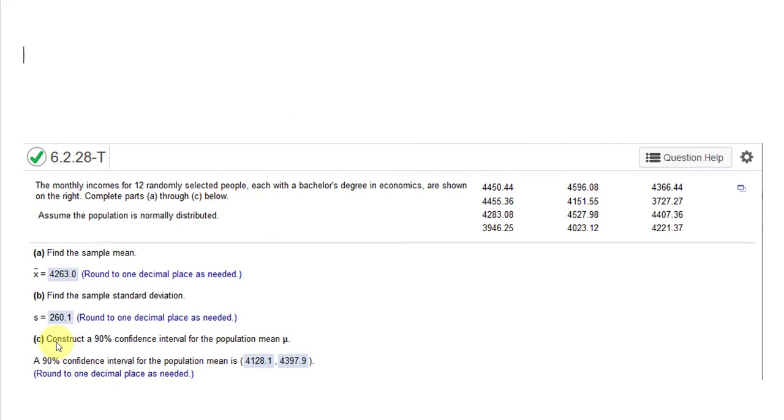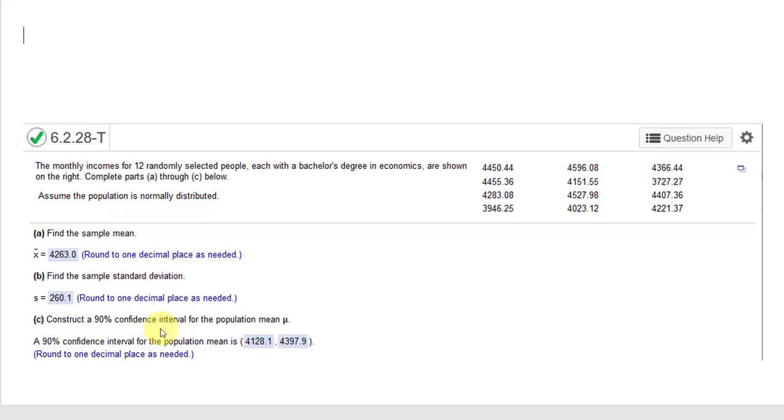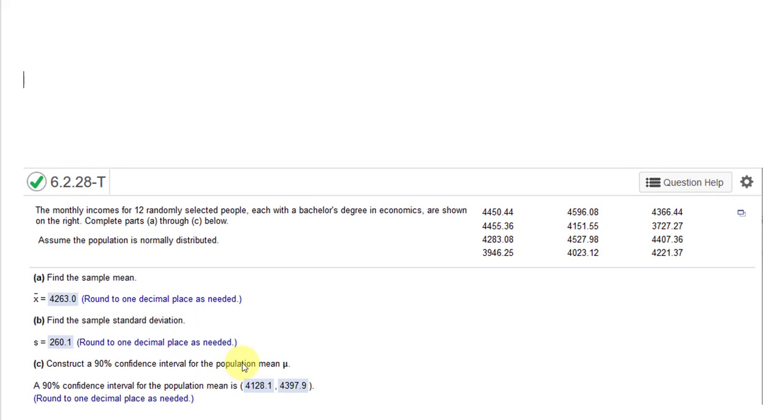Okay, now construct a 90% confidence interval for the population mean. So how do I do that? Again, we follow the same steps as we saw earlier in the last problem.